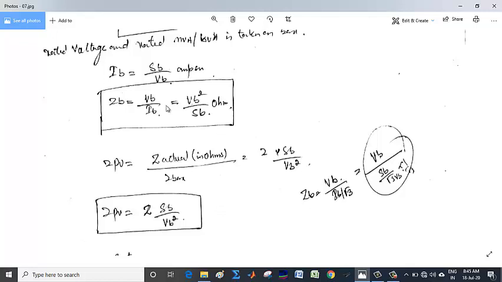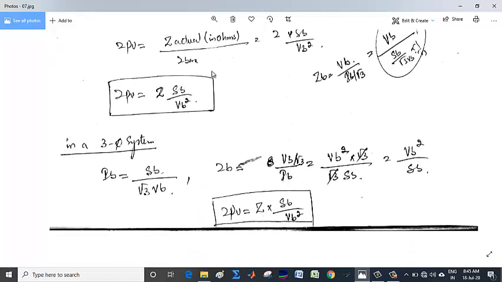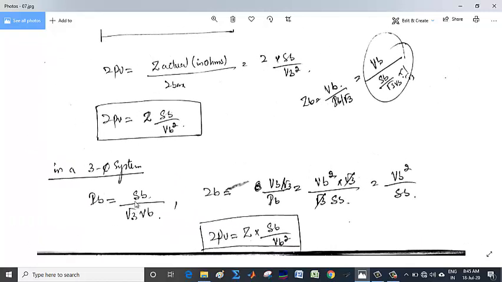And all this is in the single phase system. If we have a three-phase system, in that case, ZB will be equal to VB divided by root 3 divided by IB. This is the actual value, this is not the per unit value. So ZB will be equal to phase voltage divided by phase current. That will be equal to VB divided by root 3 divided by IB.